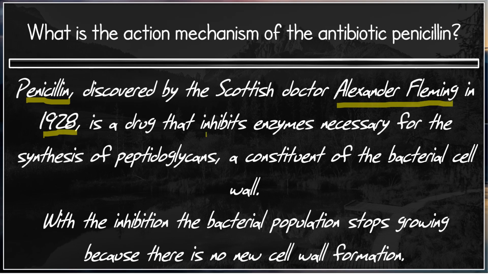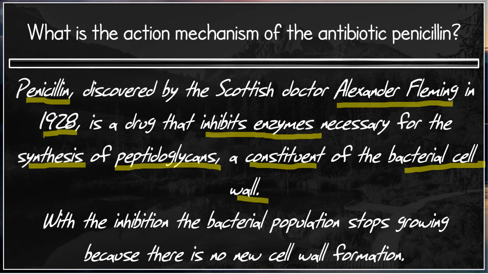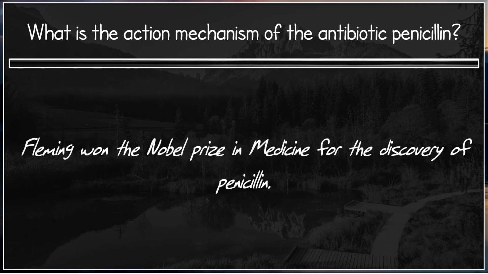This is a drug that inhibits enzymes necessary for the synthesis of peptidoglycans, a constituent of the bacterial cell wall. With this inhibition, the bacterial population stops growing because there is no new cell wall formation. Fleming won a Nobel Prize in medicine for the discovery of penicillin.